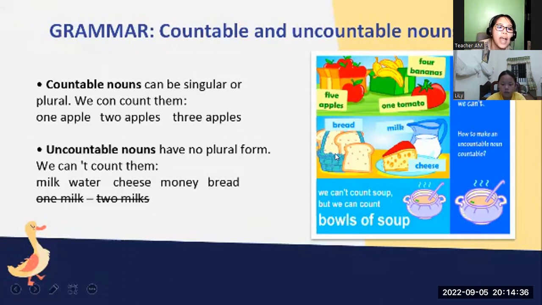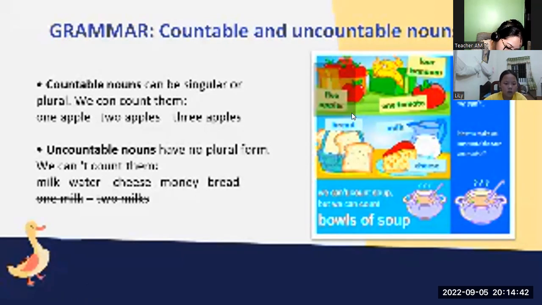Okay. So, how about the apples? How many apples are there? One, two, three, five apples. Yes, there are five apples. When you say apples, is it singular or plural?